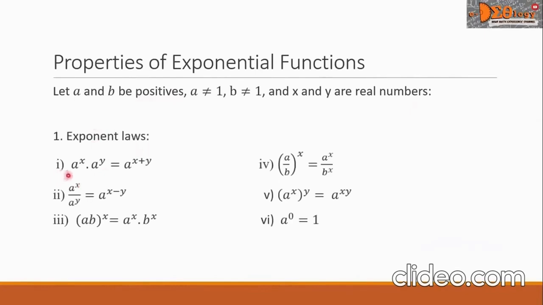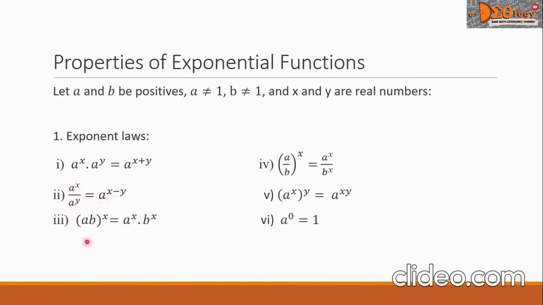Property number 1, when we have a raised to x times a raised to y equals a raised to the sum of x and y. Exponent law number 2, a raised to x over a raised to y equals a raised to the difference x minus y.